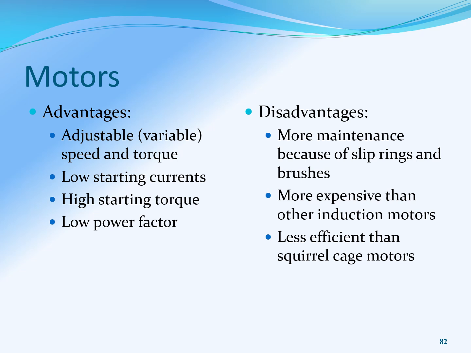On the one hand, you've got greater control over the torque and speed than with the other motors. But there's more maintenance involved due to the slip rings and brushes, and they're more expensive than the other induction motors. So it depends on what you're trying to accomplish ultimately, and how these motors are needed in the system.